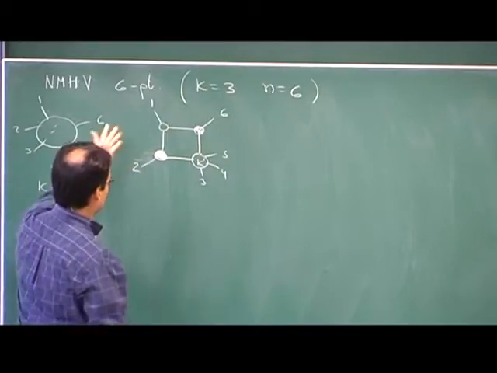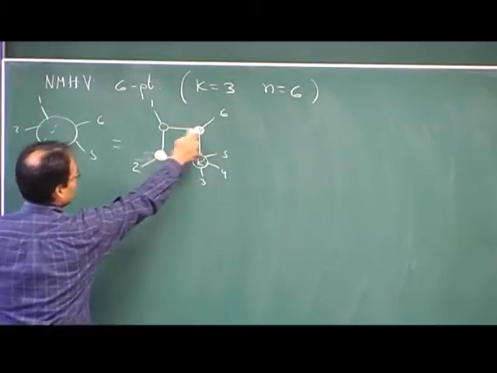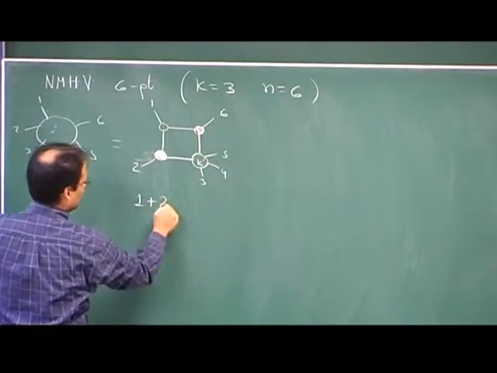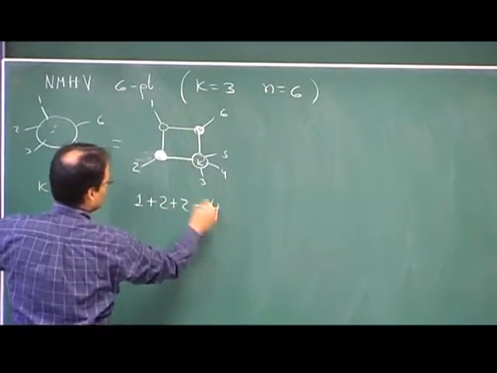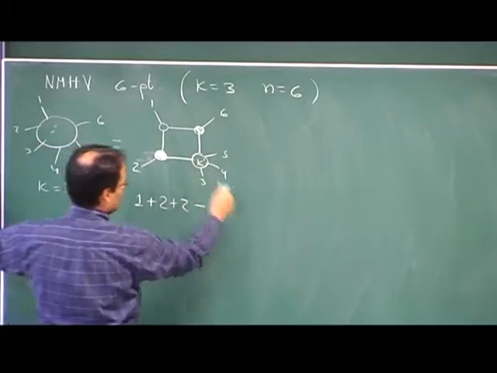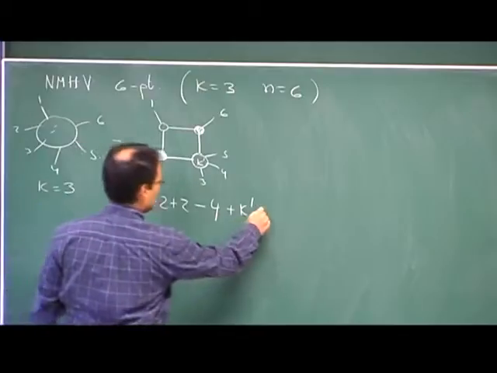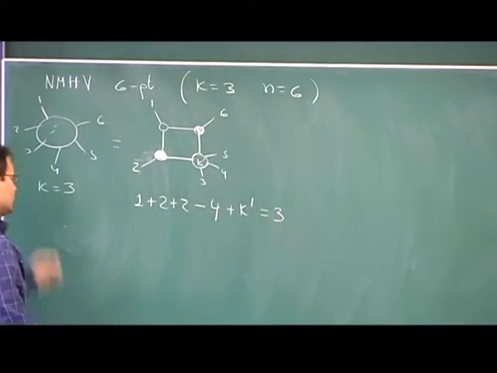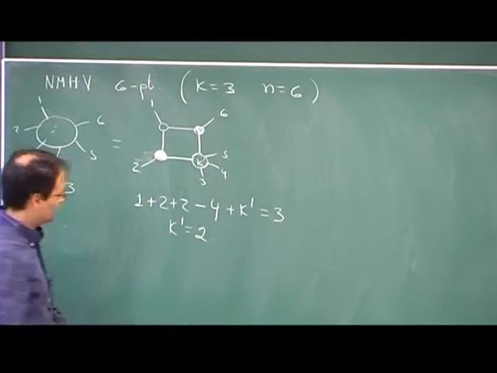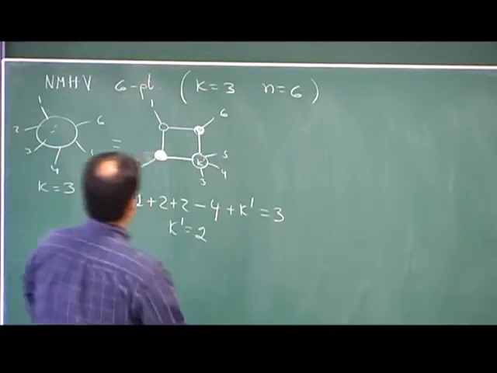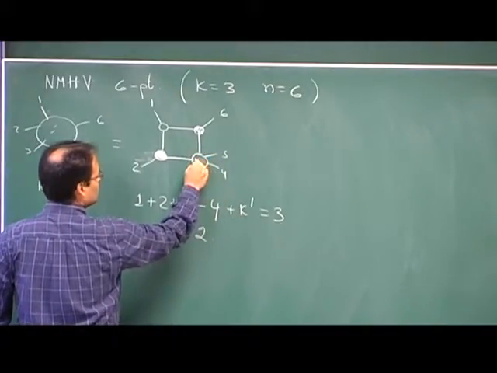So what is the K of this diagram? Well, you have 1 from here, 2 from here, 2 from here, minus 4 from these guys, and K prime from this guy. And this better be equal to 3. And that means that K prime is 2. Okay? So our little 5-particle object here has to be an amplitude with K equals 2.